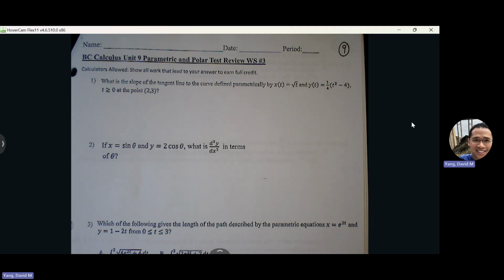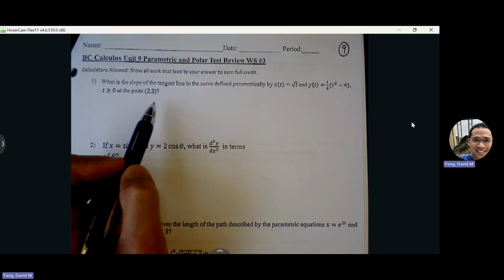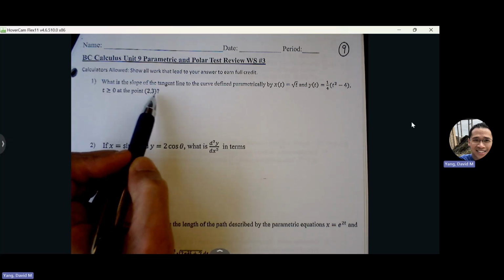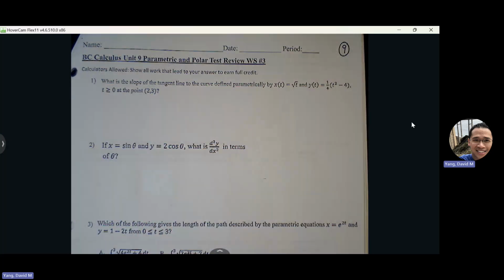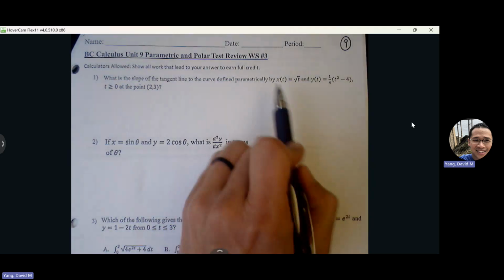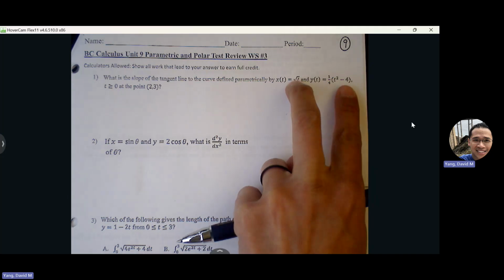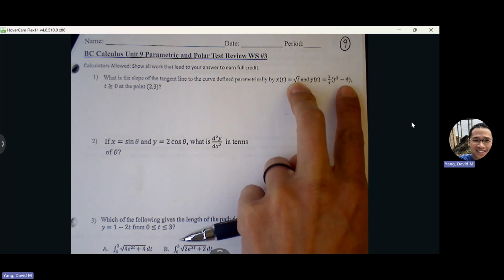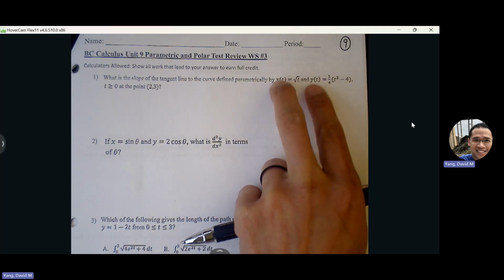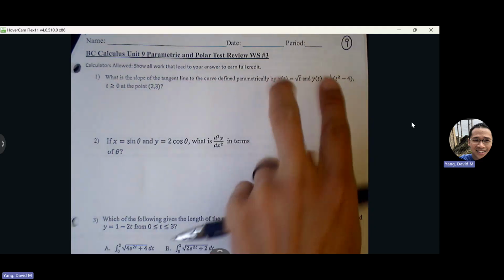But there's some additional steps we got to take because we don't know what the t-value is, but we can plug the 2 and 3 in for x and y to find that matching t-value where x and y are hitting 2 and 3 at the same moment. So the additional step that we need to take is we don't have the t-values, so we're going to have to plug 2 and 3, see if we can find a t-value that is matching when x and y are both hitting 2, 3 at the same time.